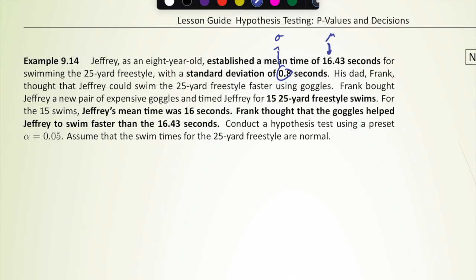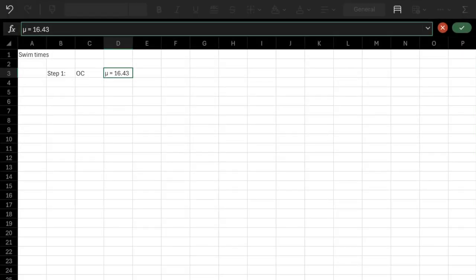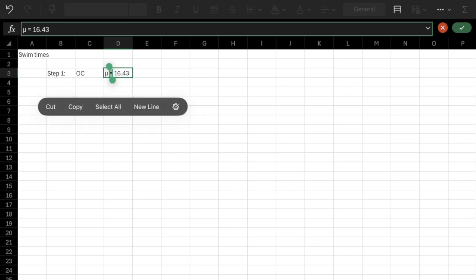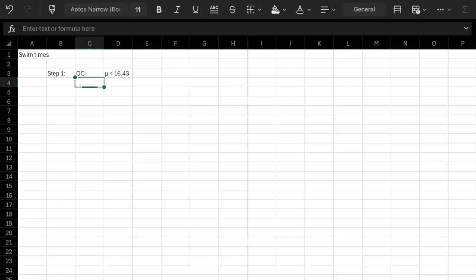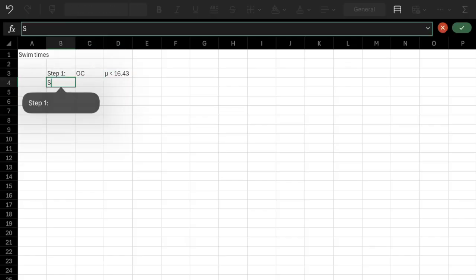Now, how did I get that? Frank thought that with the goggles, Jeffrey swims faster than the 16.43, meaning his time is a bit less. So this would be strictly less than. Faster does not include equality.